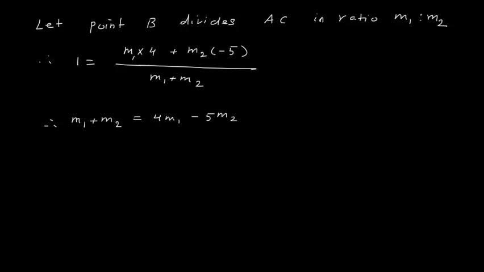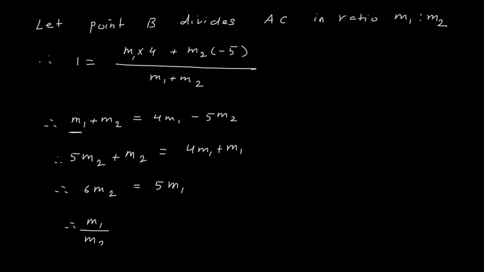So let us bring this M1 on the right and minus 5M2 on the left, so we will get 5M2. Therefore I will say that 5M2 plus M2 is equals to 4M1 minus M1. So therefore here we have 6 times M2 is equals to 3 times M1, and therefore we have M1 divided by M2 is equals to 6 divided by 3.